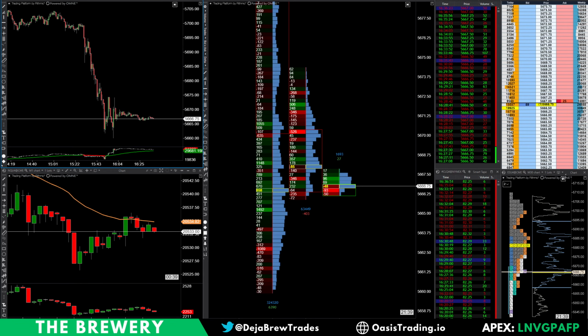You guys hear me talk about, is this node being protected on stream all the time? And what I mean by protection is when you see those orders coming in on the tape, when you're watching the DOM, do they keep allowing it to go through that level? Do they keep allowing it to trade on the other side of that level?